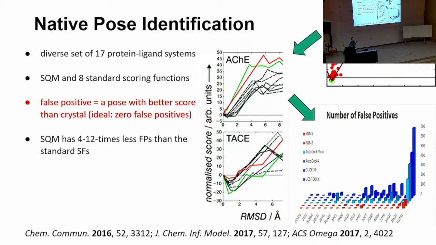In other words, the good binding pose, similar to the crystal, so zero-ish RMSD. In the top right graph, all these points are energy versus RMSD. We take the curves for 2 systems, acetylcholinesterase and TACE.